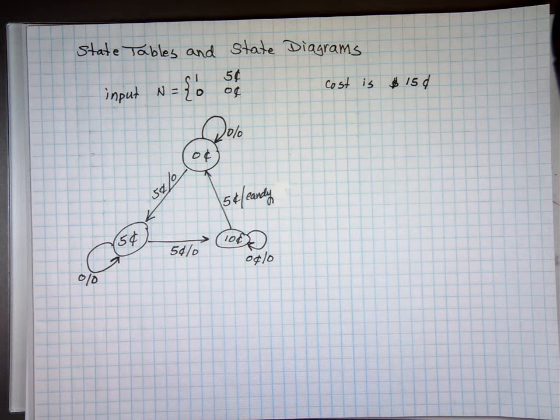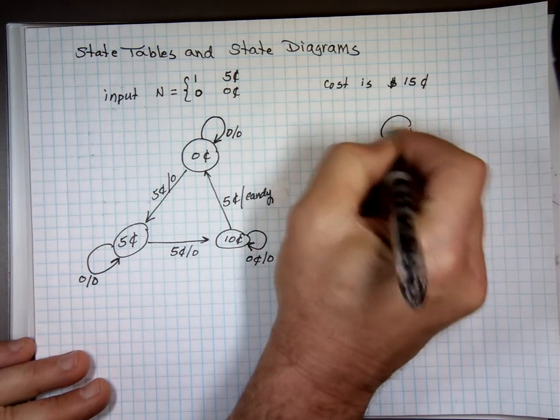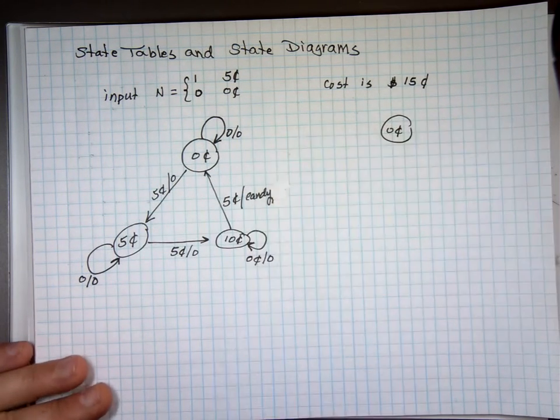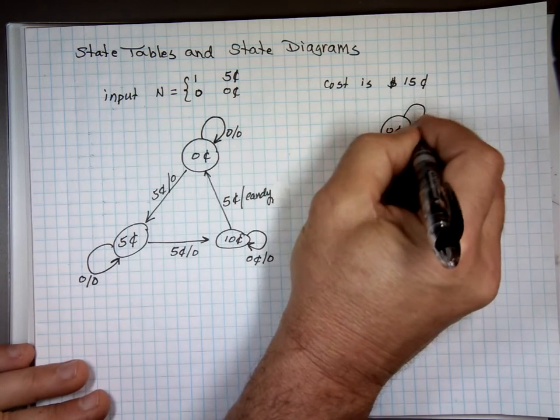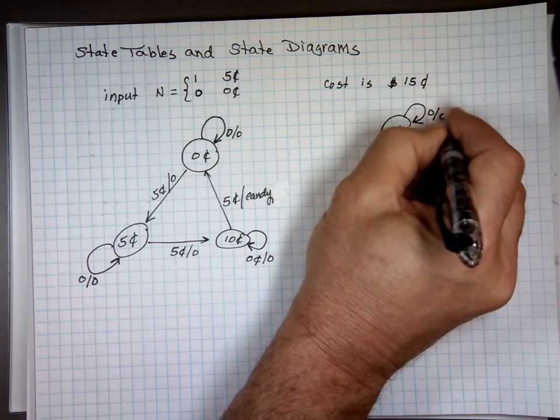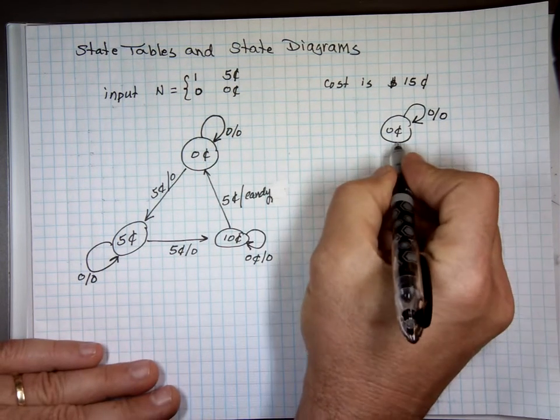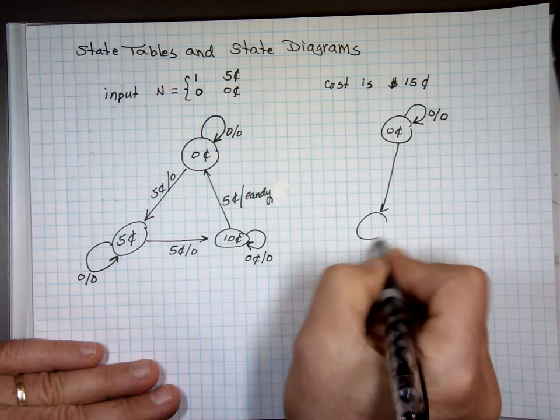Now what happens if your machine only takes 10 cents instead of 5 cents? The same story, same scenario. So now this is the 0 cent state. If you put no money in it, you stay there and no candy. But if you put 10 cents, what happens? It goes to the 10 cent state.